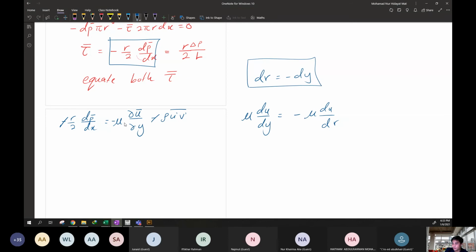Okay, this is the same, so I want to replace this one with dr. So R over 2 dp dx, negative with negative, it will become positive.